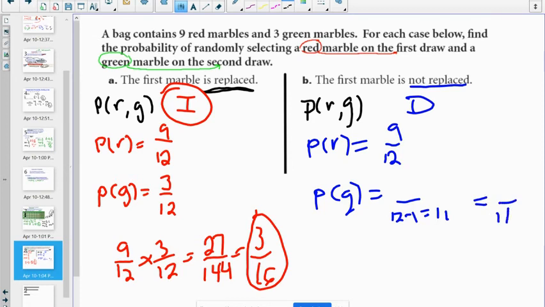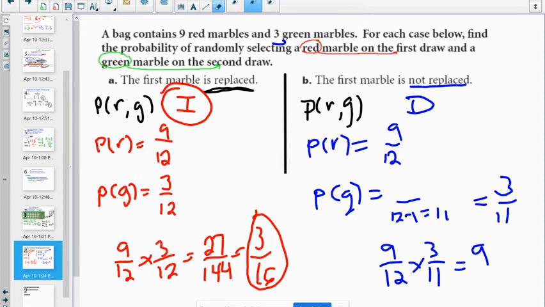And how many green ones are there? There are 3. So we have 3 over 11. So 9/12 times 3/11. Sorry, I was getting ahead of myself and writing the simplified form. So that's 27 over 132, which then simplifies to 9 over 44.